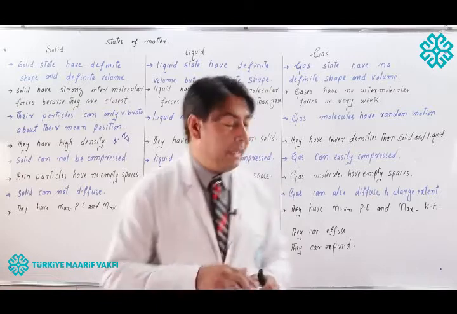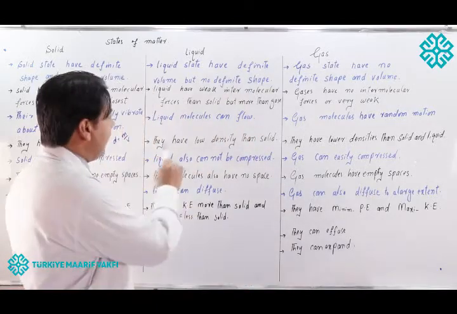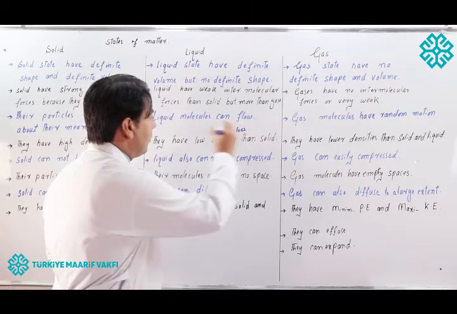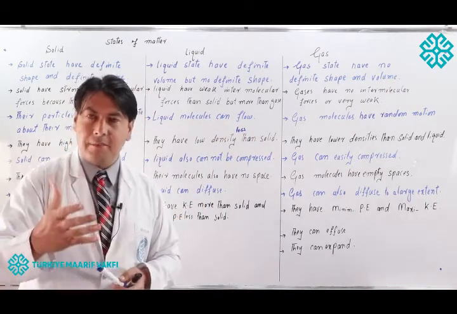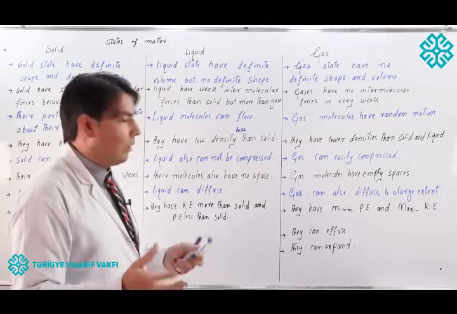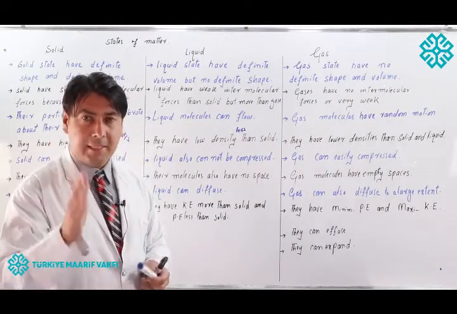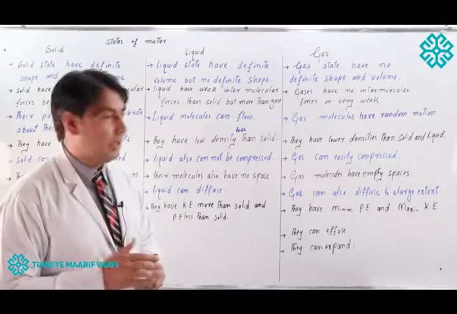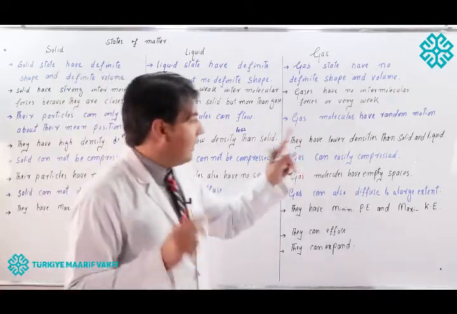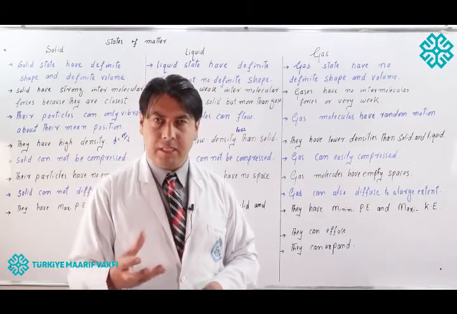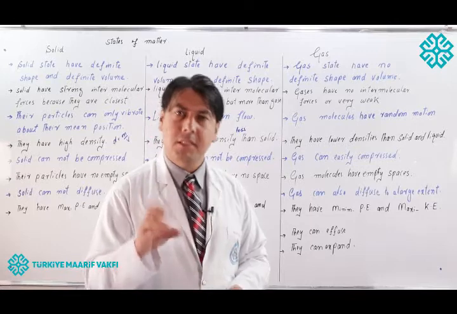But if we compare, liquid has density less than solid. Why? Because a smaller amount of matter is present in a unit volume. But the density of the gas is less than the density of the liquid and the density of the solids.